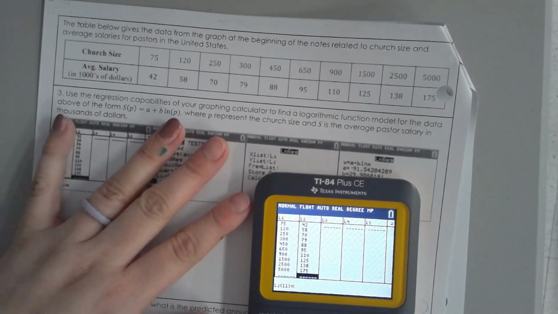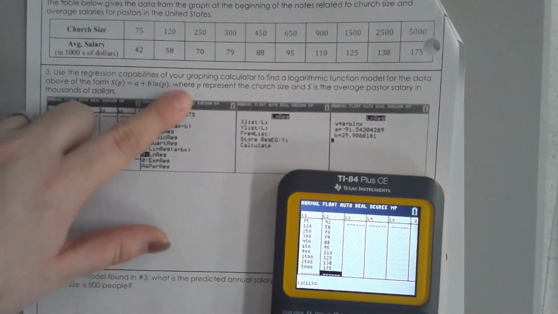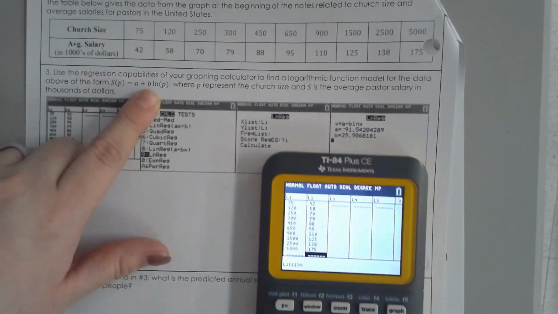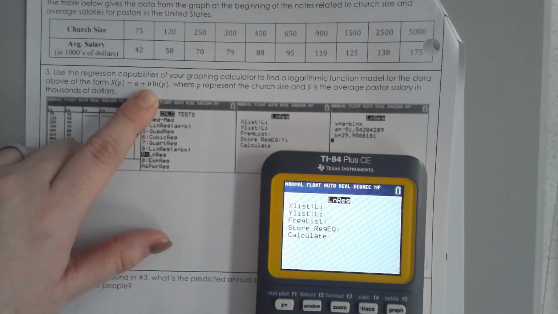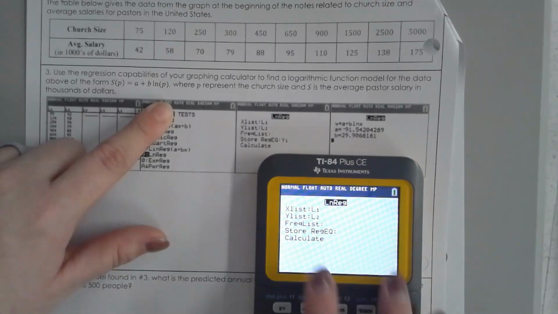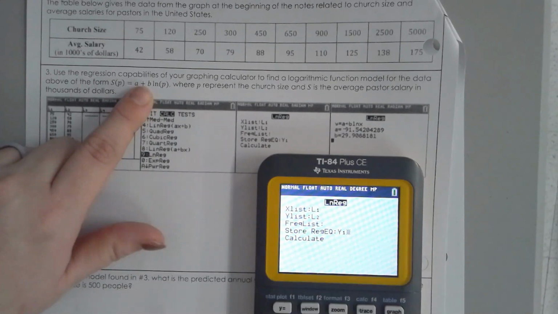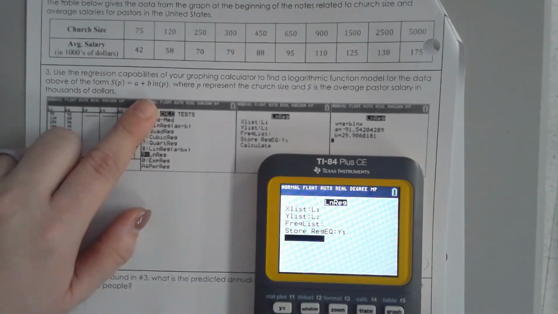Did something wrong, okay? And so that's all of my data. We're going to do Stat, Calc and do the LN, the natural log regression. List 1, list 2. And calculate.